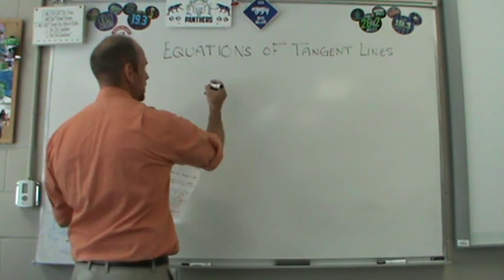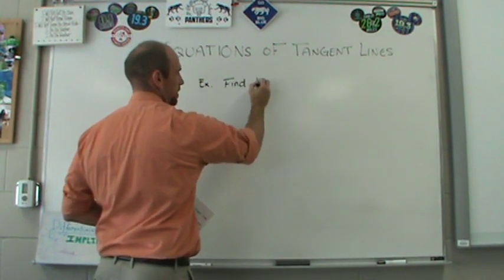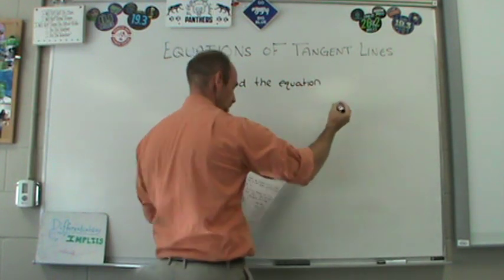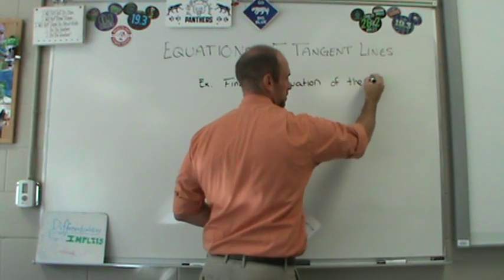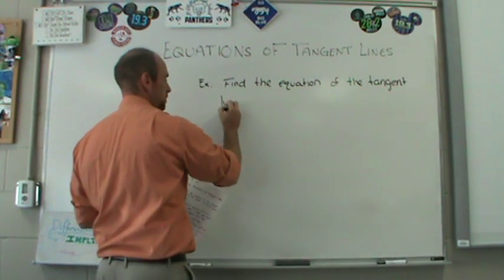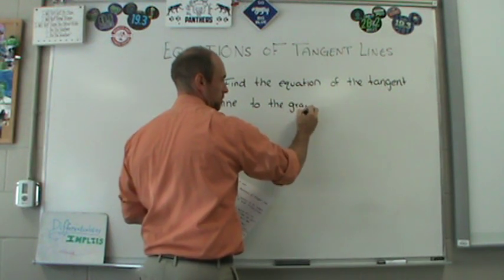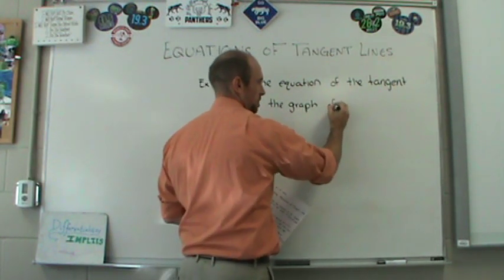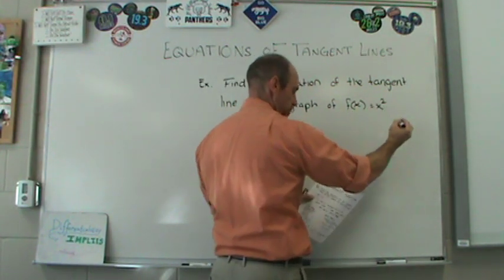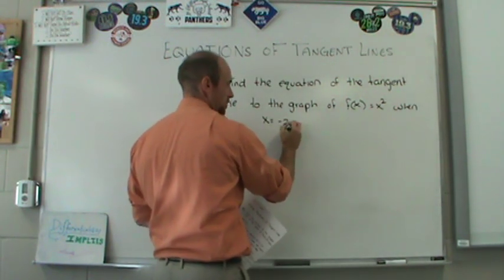First one we're going to look at is: find the equation of the tangent line to the graph of f of x equals x squared when x equals -2.